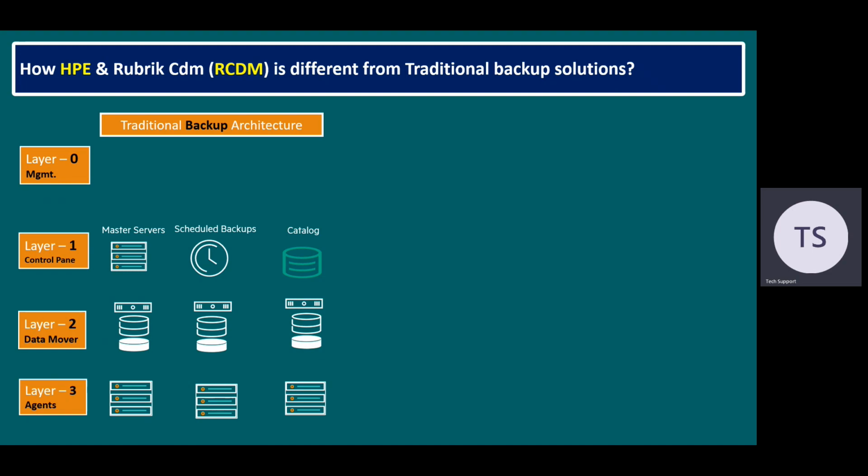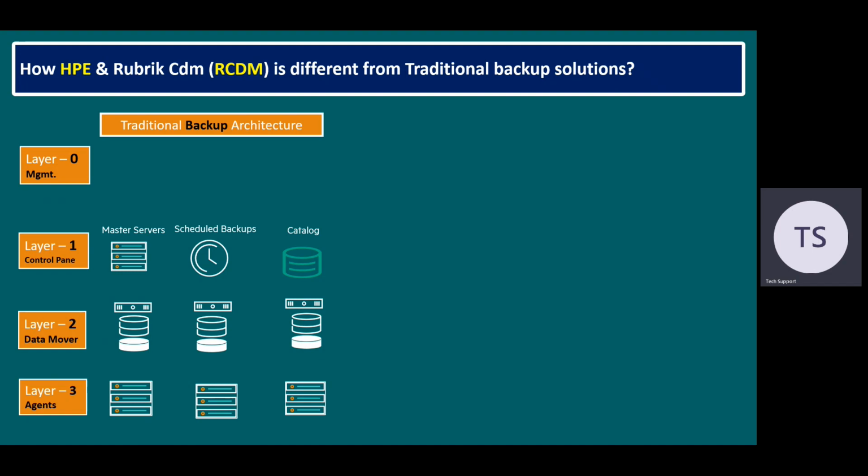That is a recommendation. That means there are some issues in our layer 3. Suppose any of the agent versions are running a lower version, there may be a chance of backup failure or backup performance may be degraded. Instead of taking 1 hour to complete the backup, it may take more than 1 hour, so performance will be degraded. That is a main challenge in layer 3.